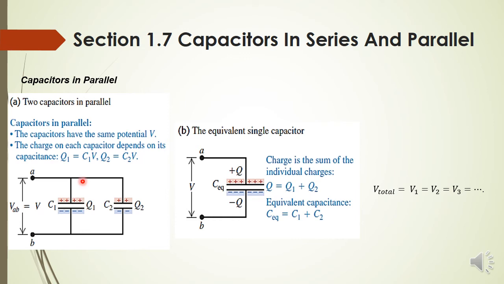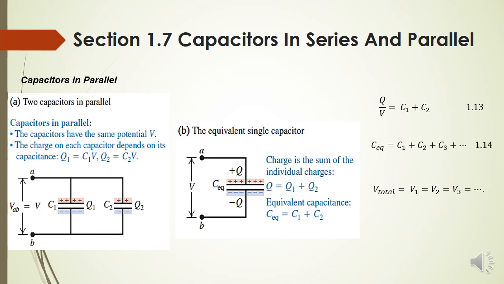Now, the individual charges are Q1 and Q2. And the total charge of the combination is just equal to Q equals Q1 plus Q2. And their equivalent capacitance is equal to C1 plus C2. From your handouts, equation 1.13 is useful for computation of the overall charge over volt, which equals the individual capacitance 1 plus capacitance 2.